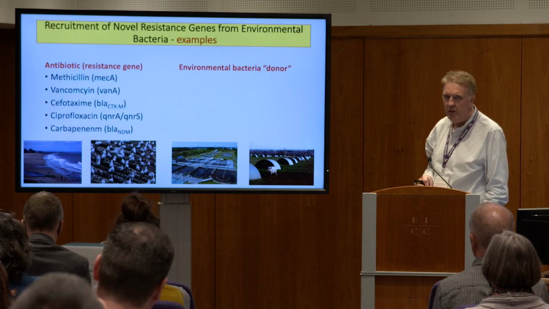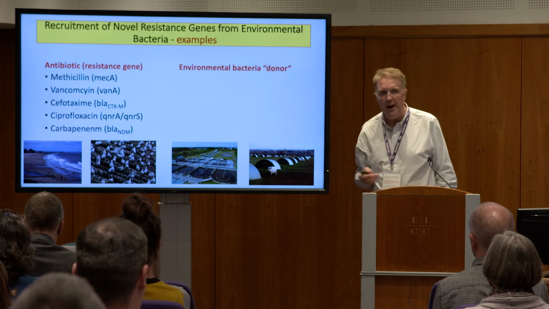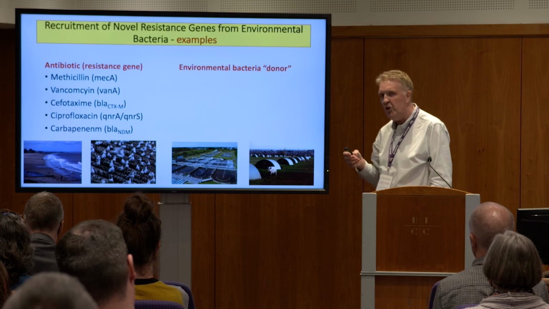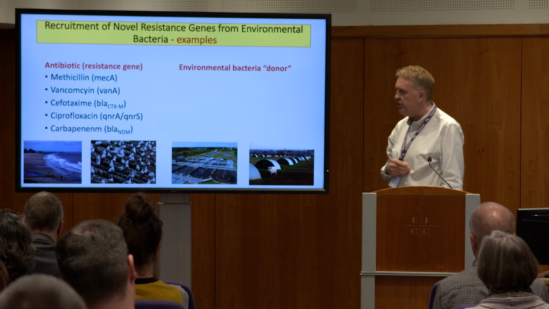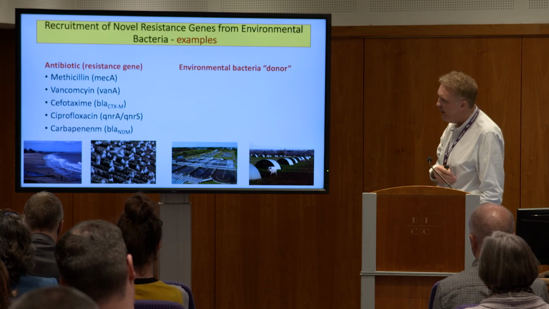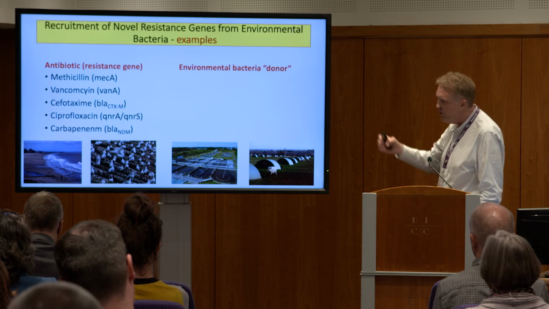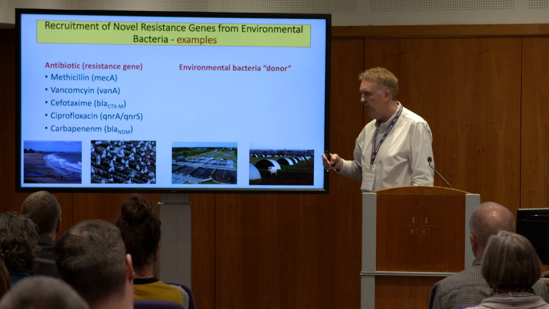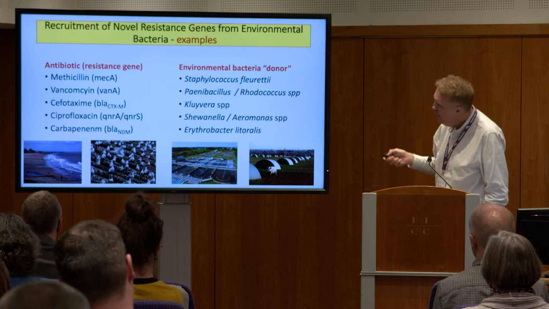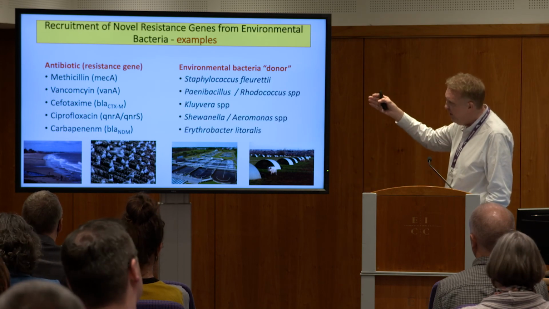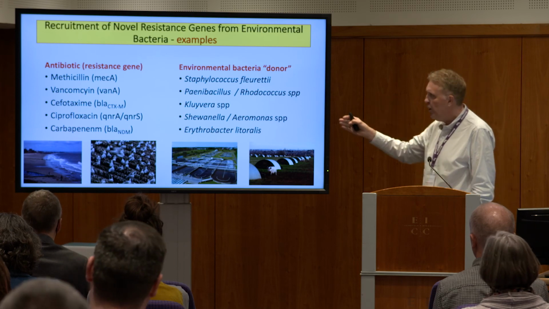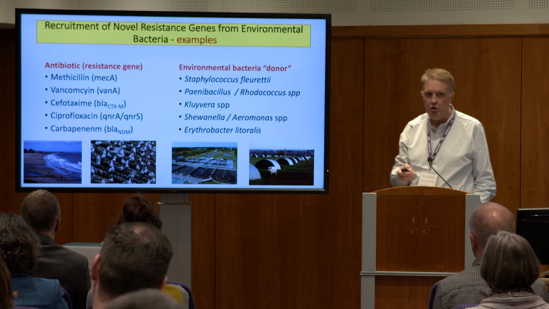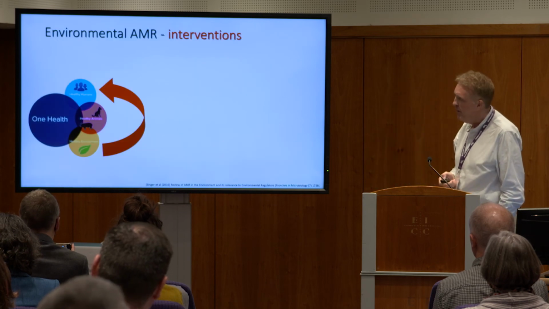So the mecA gene from MRSA, vancomycin gene from vancomycin resistant enterococci, cefotaxime resistance, which third generation cephalosporins you find in the gram-negatives, ciprofloxacin resistant, the mobile ones, and one of the last line of treatment, carbapenems, all from various environmental bacteria which are not in themselves pathogens. So it has happened, it's rare, it can happen.